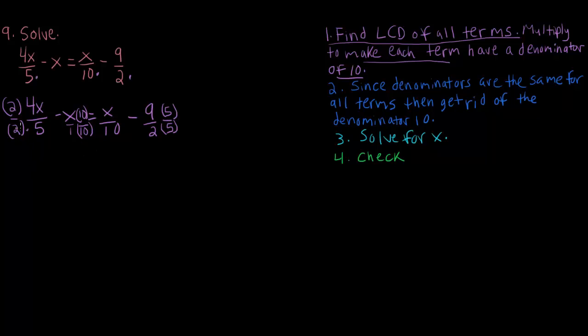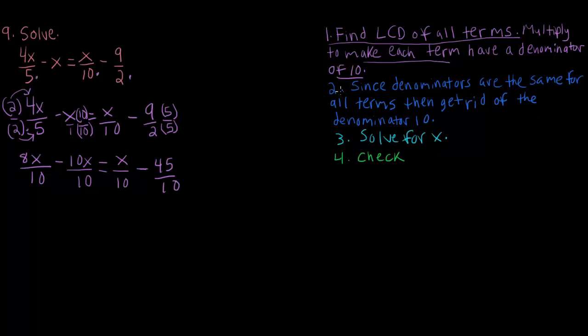So when we multiply this out, we'll start by multiplying the numerators. So 2 times 4x is 8x. 2 times 5 is 10, minus x times 10 is 10x. 1 times 10 is 10, equals x over 10 minus 9 times 5 is 45, and then 2 times 5 is 10.